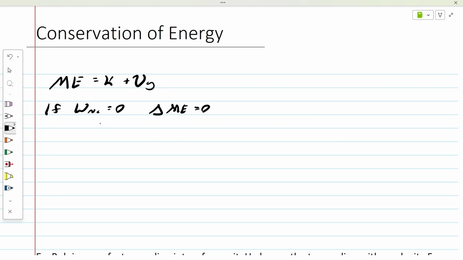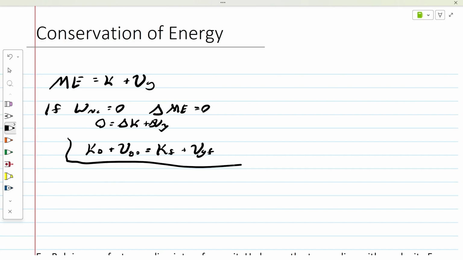And so that means, using the equation from before, we'll have 0 equals the change in the kinetic plus the change in gravitational, and we'll get the initial kinetic energy plus the initial potential energy equals the final kinetic energy plus the final gravitational potential energy. When we have this situation, we can call this a closed system. And that means all the energy will be conserved and no non-conservative work is done.